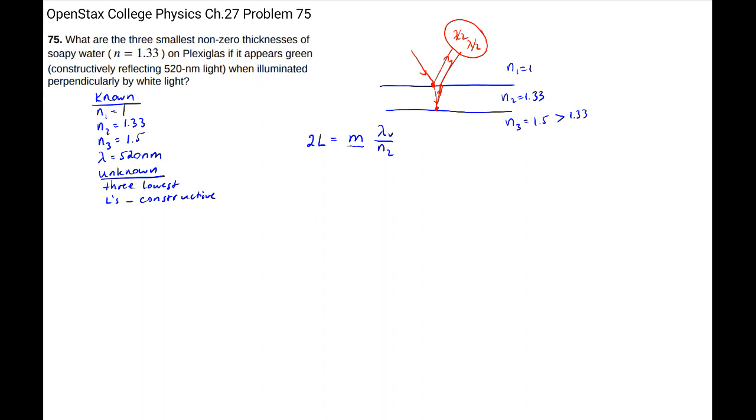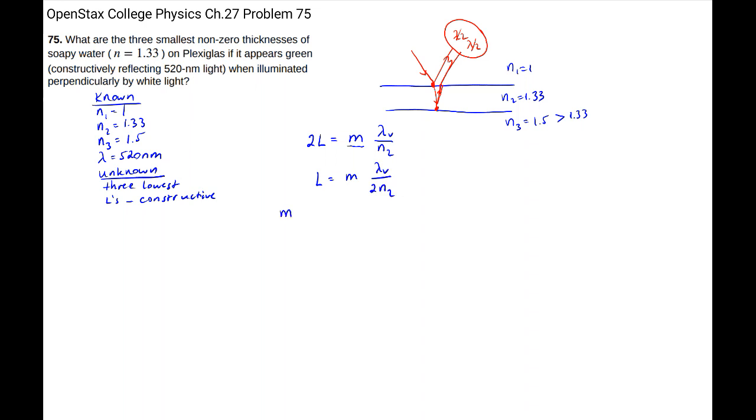So we solve for L, and L will be m lambda vacuum divided by 2 n2. If we plug in m equals 0, then we really don't get any thickness. So we want non-zero thicknesses.